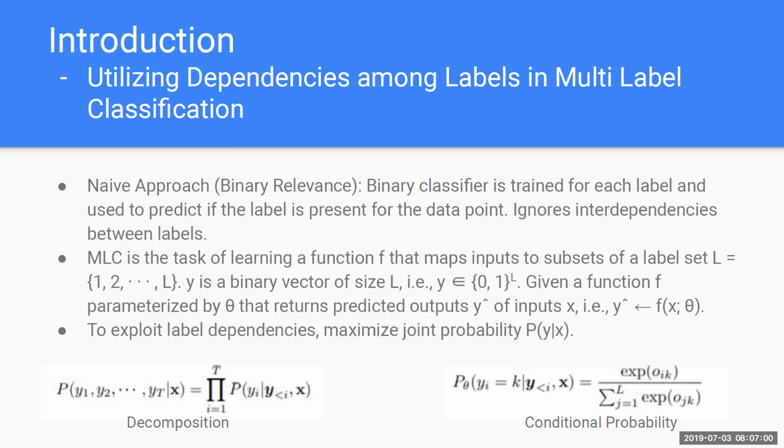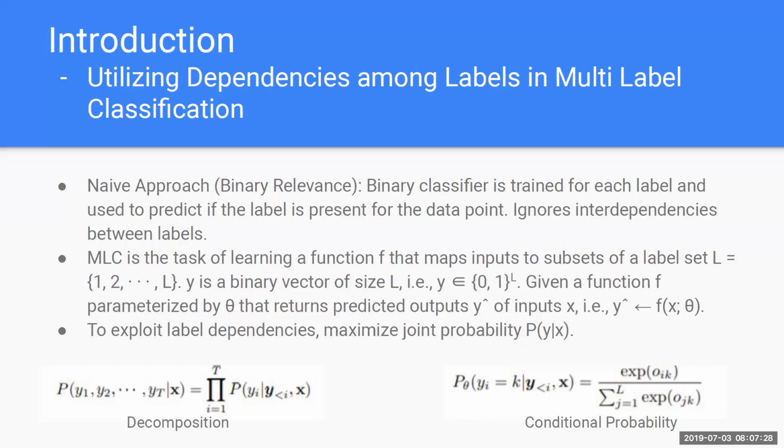But what this ignores is, for example, when you're training a multi-label classification problem for text generation, or some instance where the two observations are related to each other, this naive approach will ignore those interdependencies, and we lose some valuable information along the way.